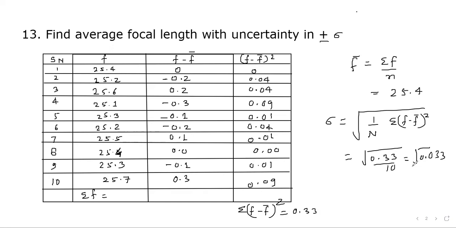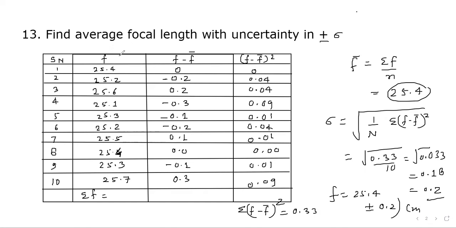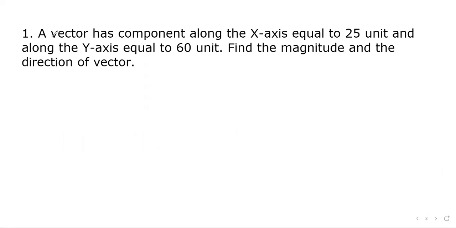So its square root will be 0.18. So we have to round it up to 1 digit. So this will become 0.2. So our answer will be F equal to 25.4 plus minus value of sigma 0.2 centimeter. These values were given in terms of cm. Now let's go to next question.